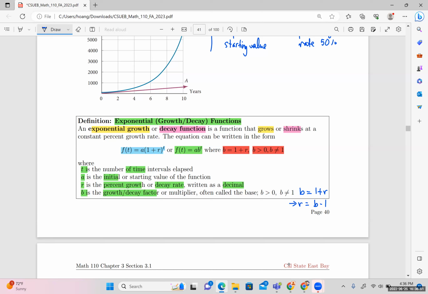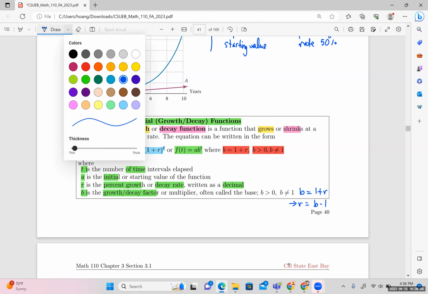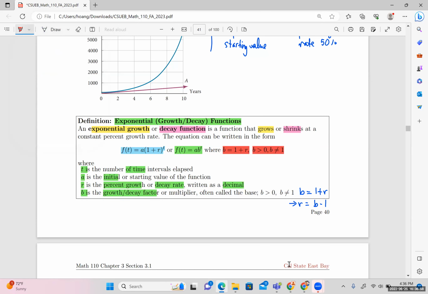So keep in mind that you must want B greater than 0 and B not equal to 1, okay? Just because, think about if B is equal to 0 first.